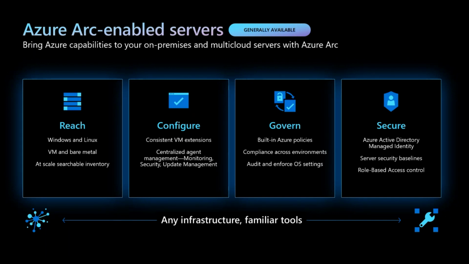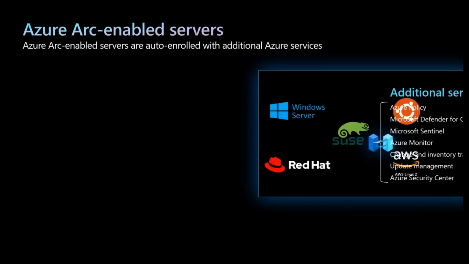Once that is done, all these Arc-enabled machines get a management experience designed to be consistent with how you manage your native Azure virtual machines. You can use Azure constructs such as Azure Policy, Microsoft Defender for Cloud, Update Management, Sentinel, Monitor, and so on that we already looked into.